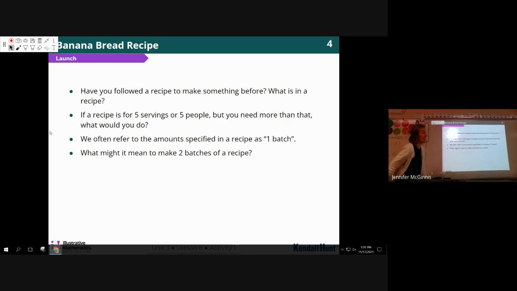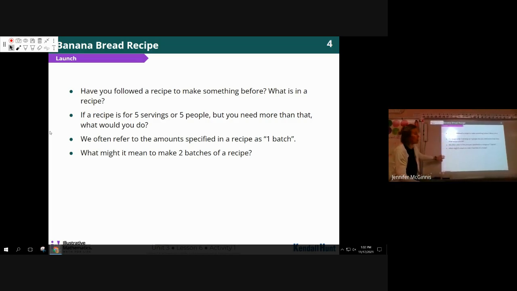Let's say you're making a cake. And the recipe says that this cake is enough cake for 5 people. But you're having a party and there's going to be a bunch more than 5 people there. What would you do to the recipe? Make more. We might change it.